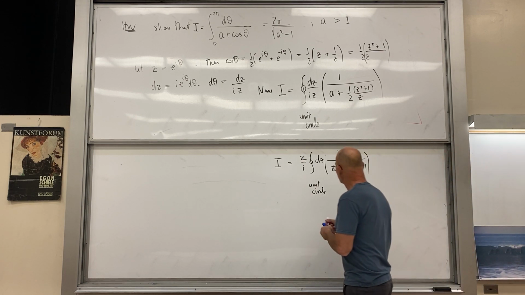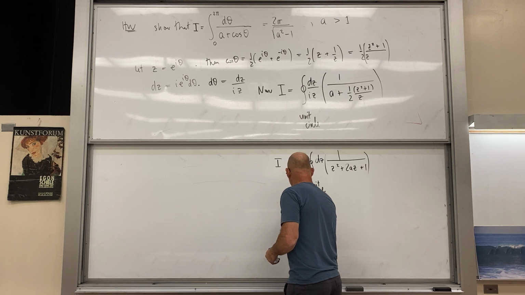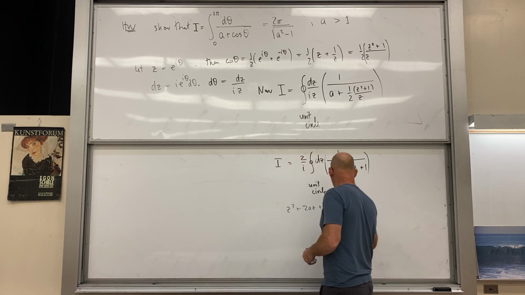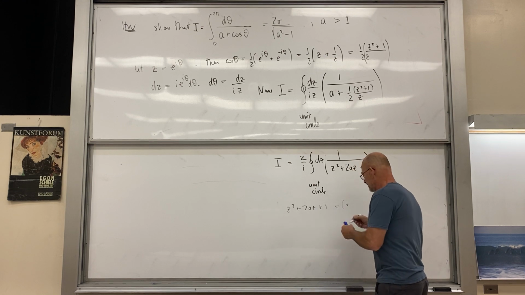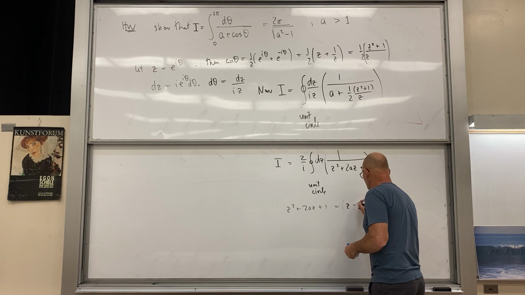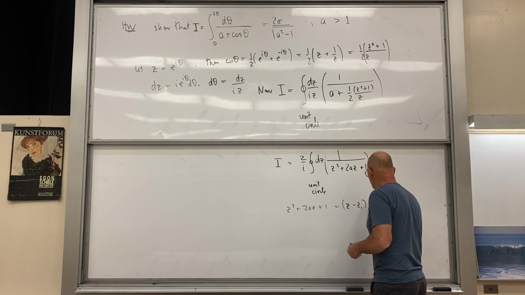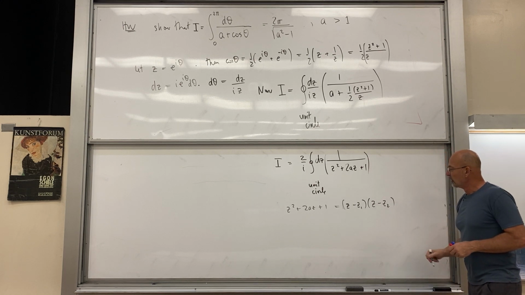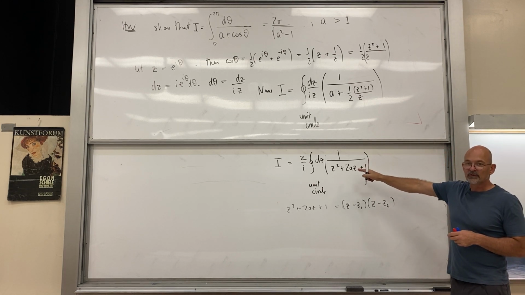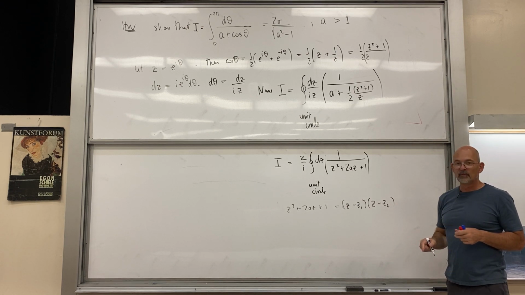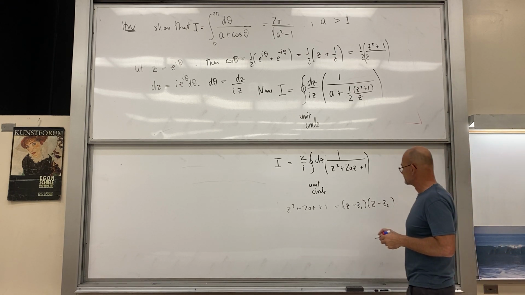So let's write this: z squared plus 2az plus 1, by the quadratic formula, is equal to z minus z sub 1, z minus z sub 2. One of those roots is in the unit circle, and that's the pole for which you can use the residue theorem.